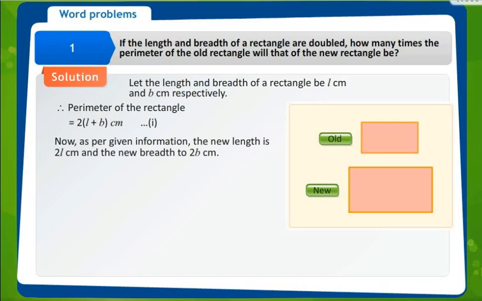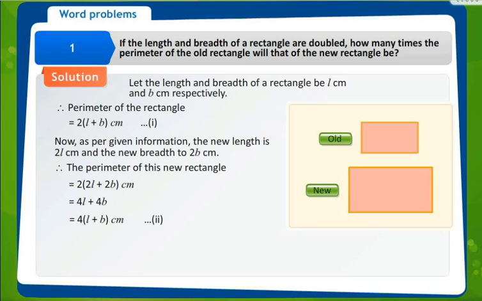Now as per given information, the new length is 2L and the new breadth is 2B. Why 2? Because it is given the length and breadth is doubled. So the perimeter of the new rectangle now will be 2 into (2L plus 2B). Now this can be further written as 4L plus 4B. Now if I take 4 common, 4(L plus B).